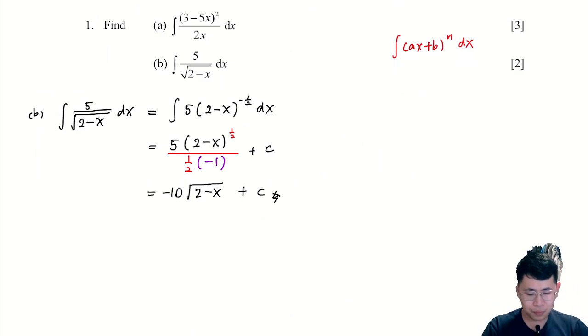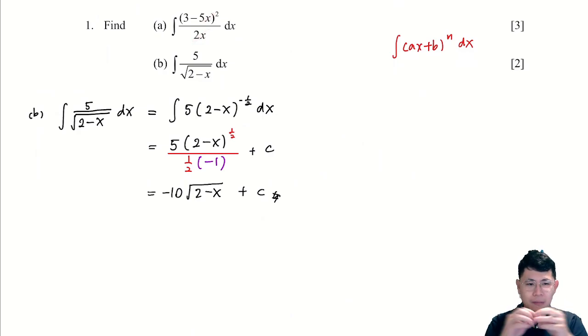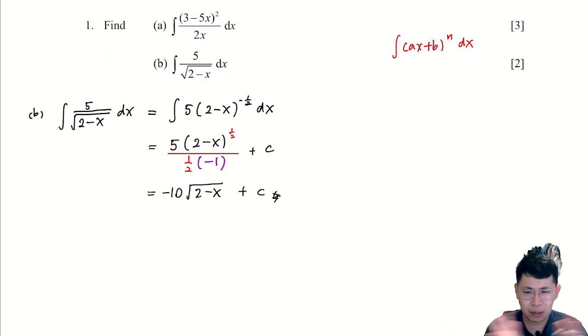Once again, you need to identify the form. For this form, there is something to cancel at the bottom, so what we need to do is expand and simplify by cancelling. For part B, the bracket is at the bottom, so we can't expand, simplify and separate the fraction.